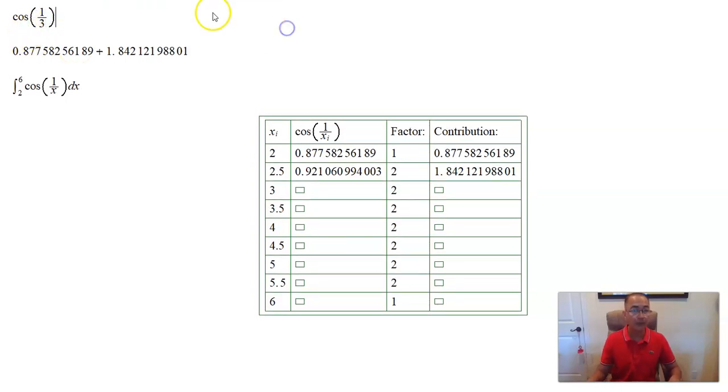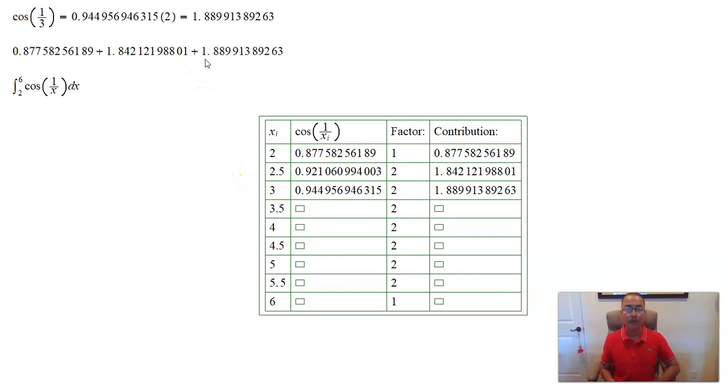What is cosine 1/3 radians? We have this much. We will double. We get this much. It goes here, and this goes here. And we will add it to our two other terms.